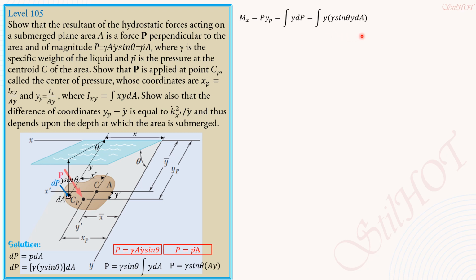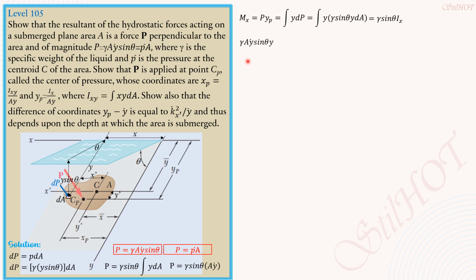So therefore, putting gamma sine theta before the integral sign, so gamma sine theta times integral of y squared dA is the second moment of area with respect to the x-axis, and we will denote that by Ix. So again, integral of y times y dA is integral of y squared dA, that's Ix actually.